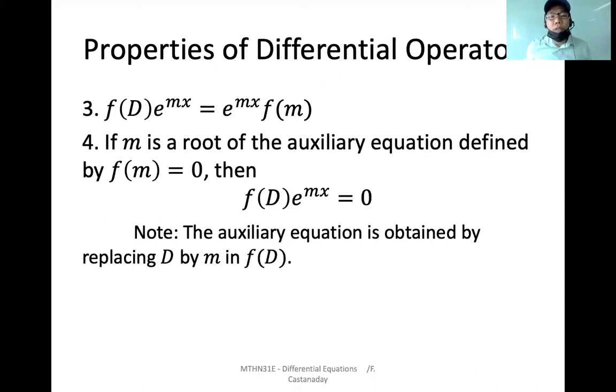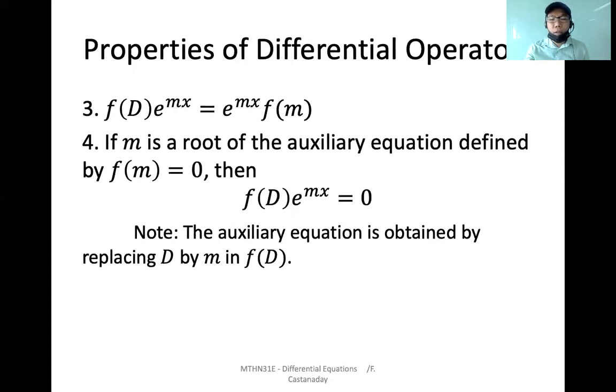So there's a note. The auxiliary equation is obtained by replacing D by m in our equation f of D. So that's it. If you are asked to determine or to obtain the auxiliary equation, you just replace the D operator by m.